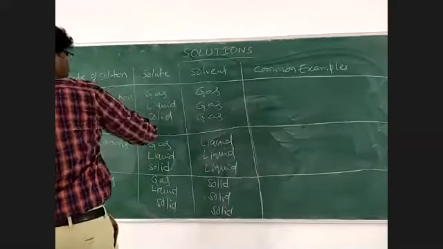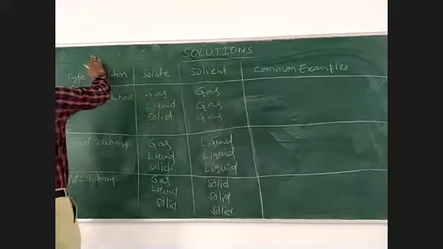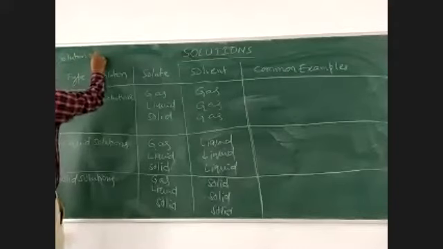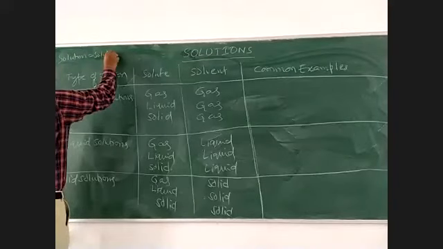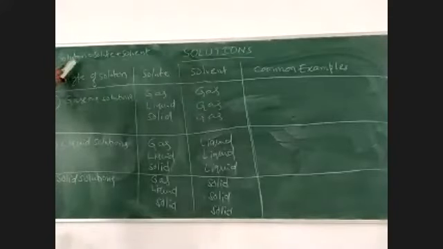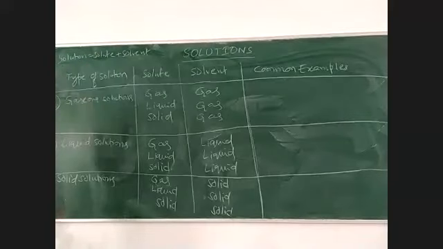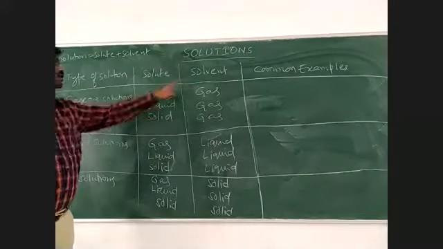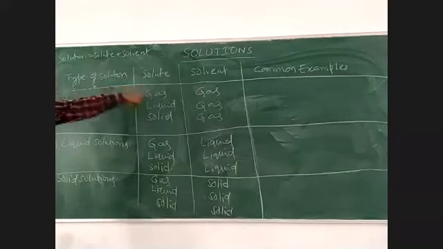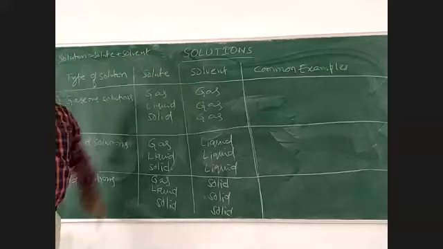Gaseous solutions. Remember that solution is equal to solute plus solvent, forming a homogeneous mixture. In gaseous solution, gas is solute, solvent is gas. Therefore, gas in gas, gas as solute, gas as solvent.